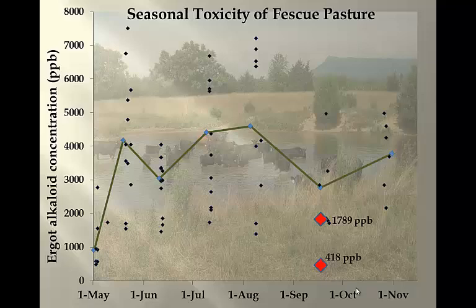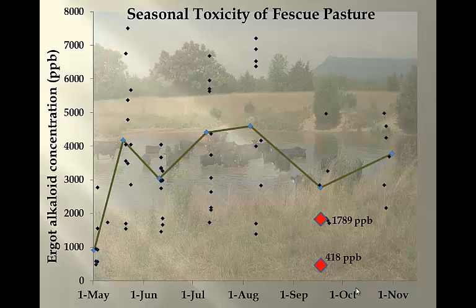Here's another pasture. This one is 1789 parts per billion. This one's 418. This is a field that he cut for hay, and this is the sample taken fescue only the day before he cut, and then this is the hay sample that I took in September. So again, it shows you what the power of dilution can do for you, because this had a little bit of orchard grass in with it.